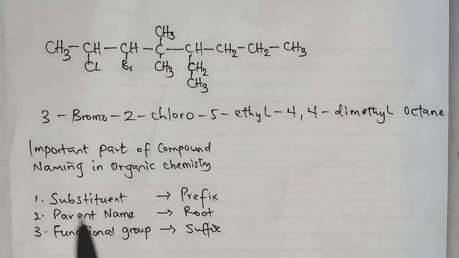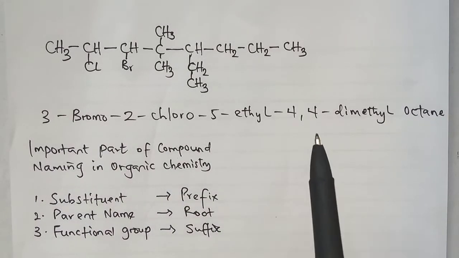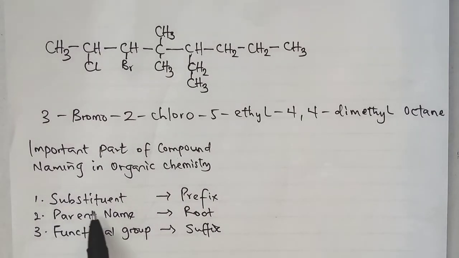So this name 3-bromo 2-chloro 5-ethyl 4,4-dimethyl-octane contains a substituent, a parent name, and a functional group. Now, which of them is the substituent? Which is the parent name? Which is the functional group? 3-bromo 2-chloro 5-ethyl 4,4-dimethyl are all the substituents.